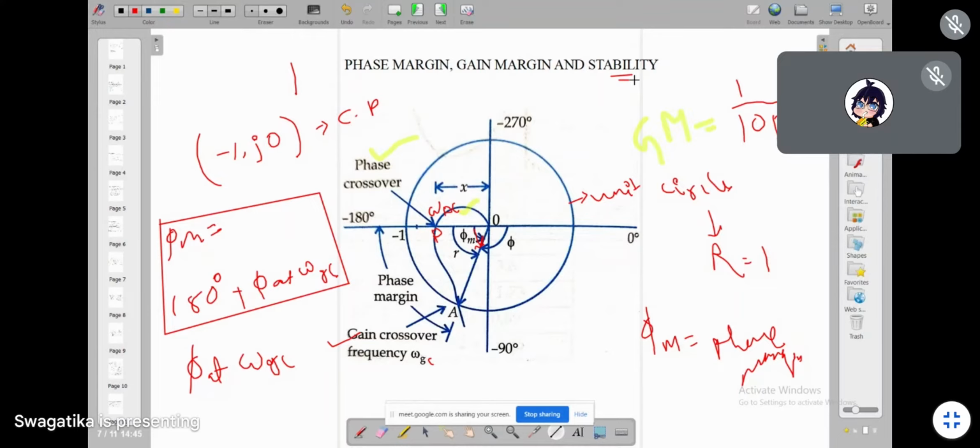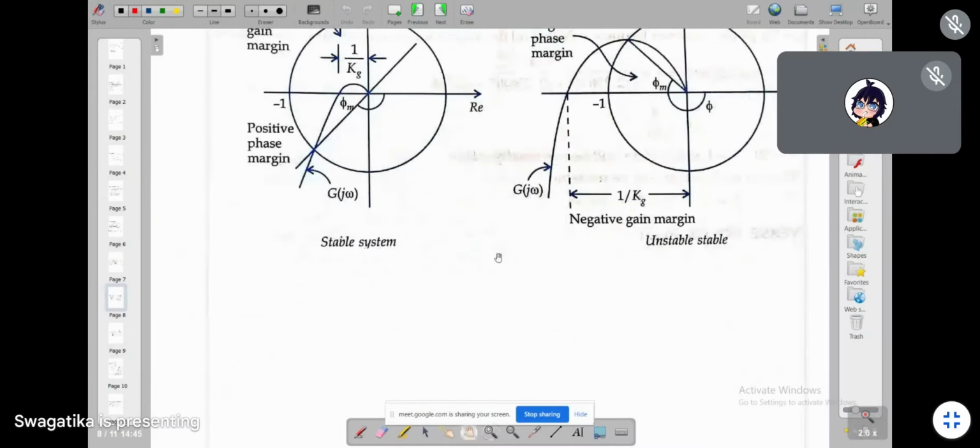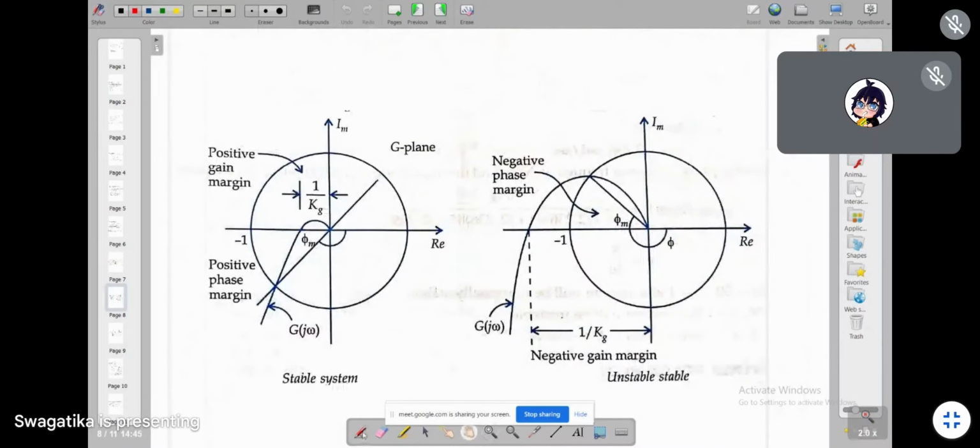See, this is your phase crossover frequency. If it lies inside the unit circle, then the system is stable. If it lies outside the circle, then the system is unstable.